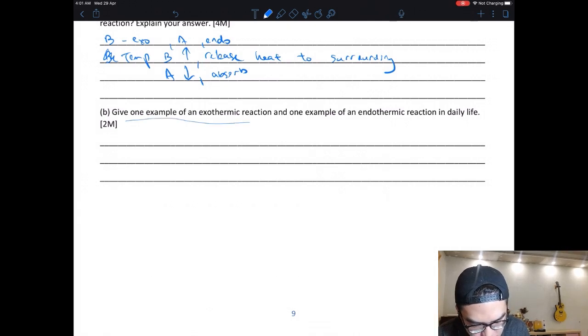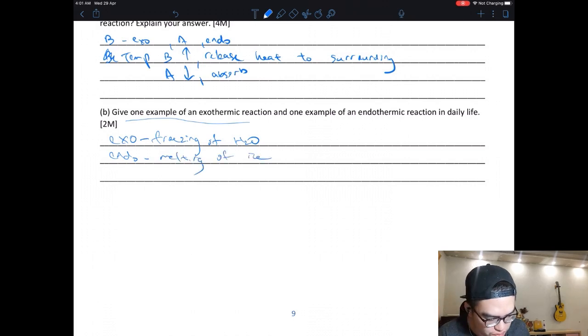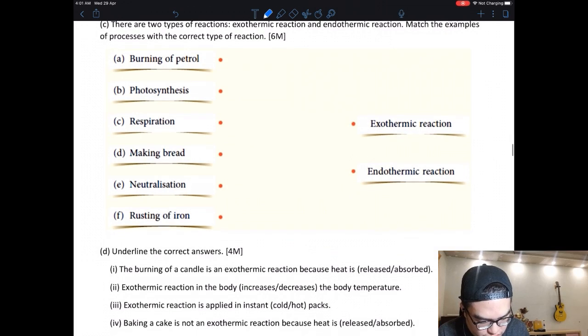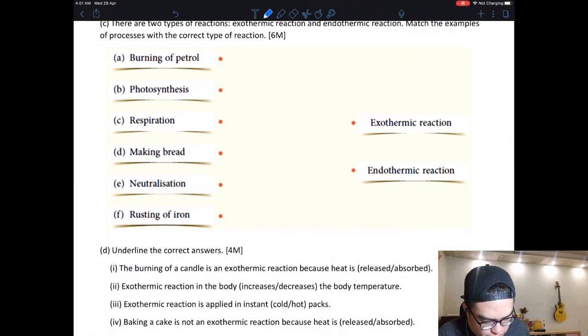Okay, give one example of exo. So where do you see exo? The best example is freezing of water, endo melting of ice. Burning of petrol is exo, photosynthesis endo, exo making bread.